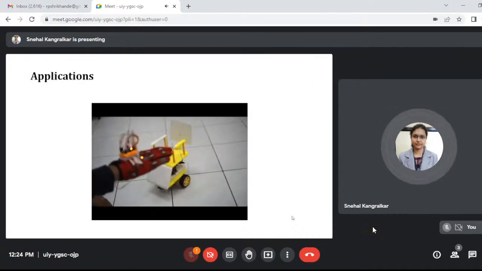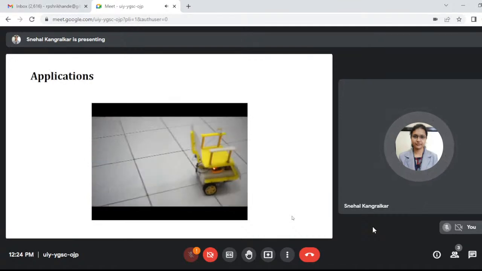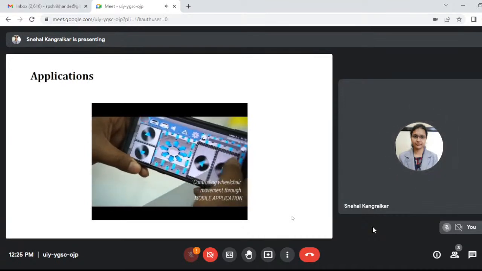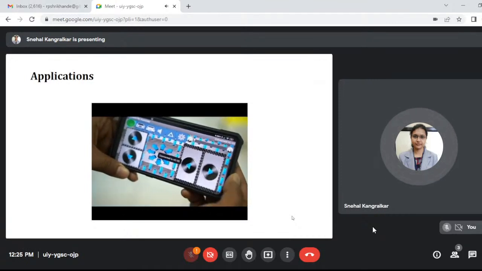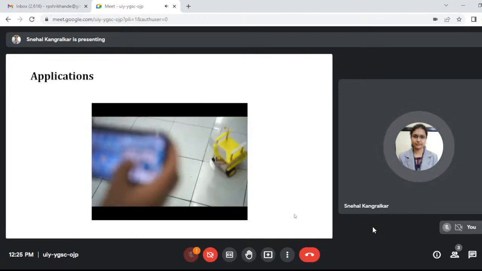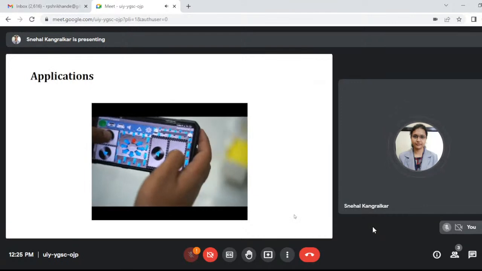Or you can get a database from GitHub or PhysioNet, and generate different biological signals, ECG signals or EEG signals. This one is using mobile to control the wheelchair. This is one sample application I wanted to show you all.